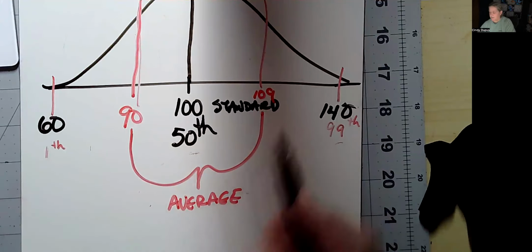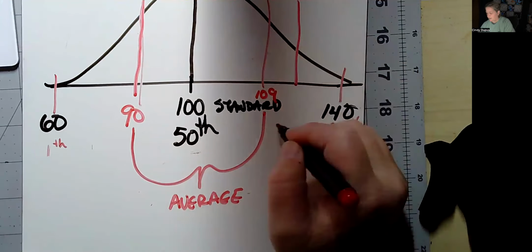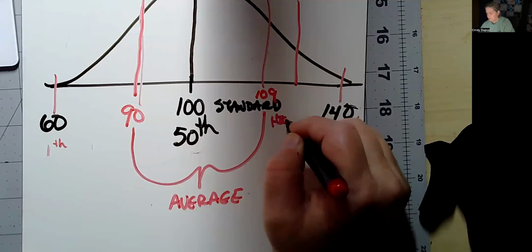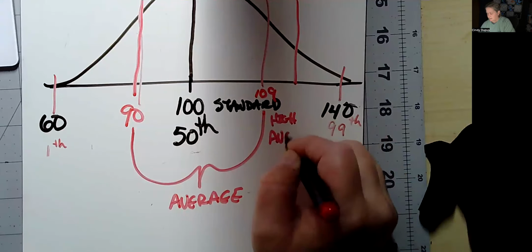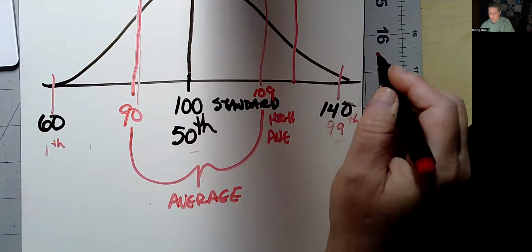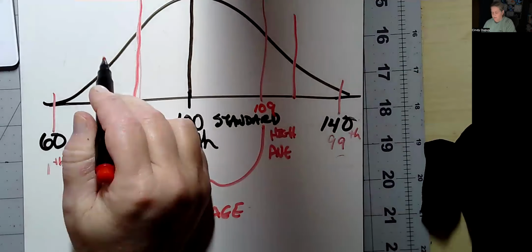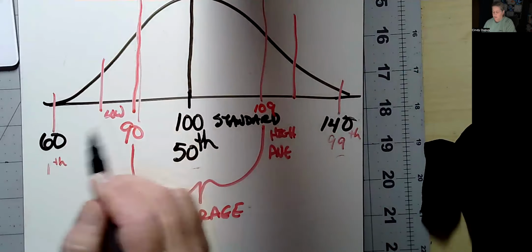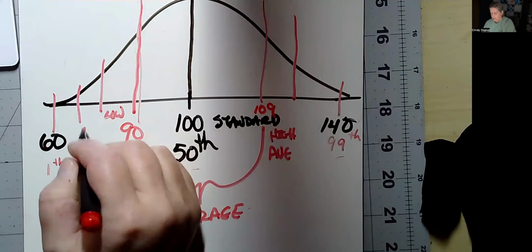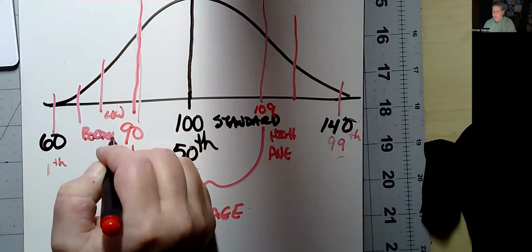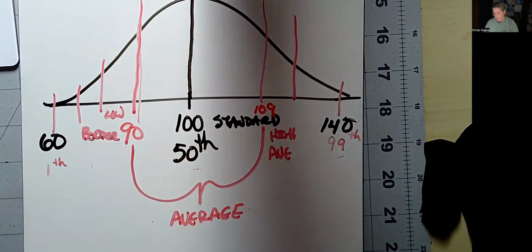Now, they actually have bands of scores outside of that. We call this one high average. Then we have superior, and we have very superior. Similarly, when we go down, we have low average, we have what we call borderline, and then we have extremely low. Okay.